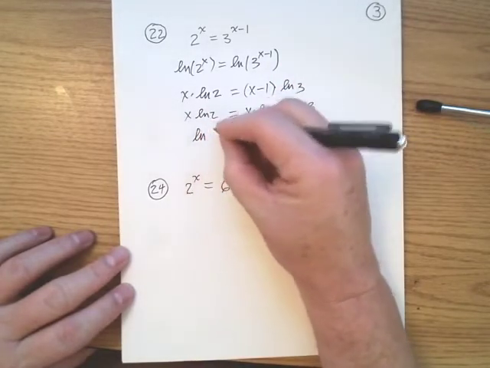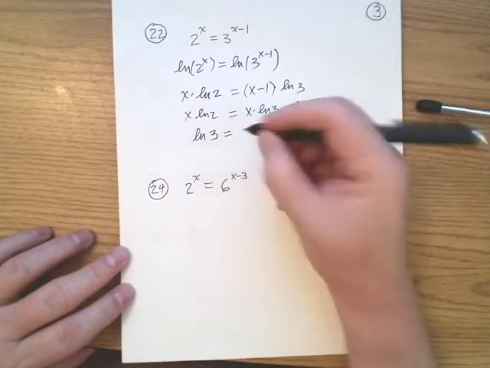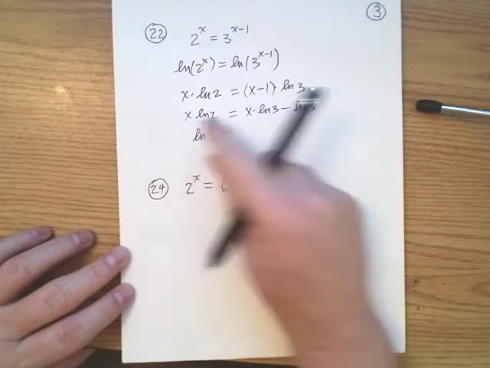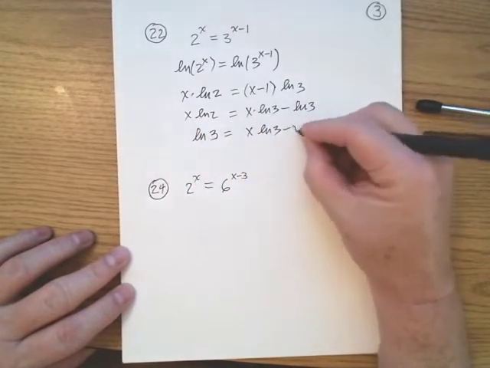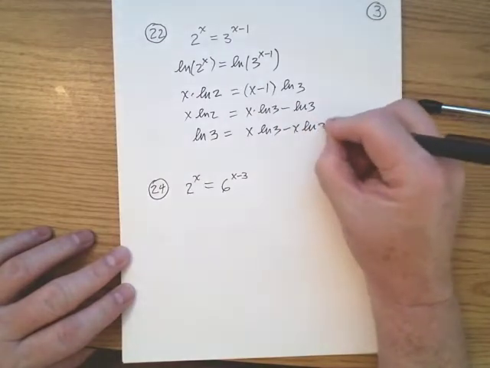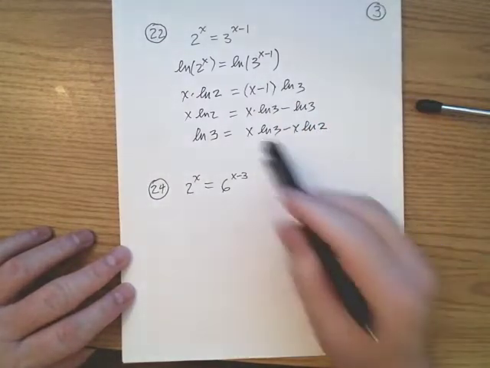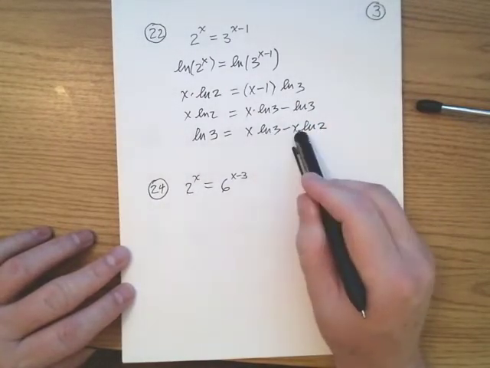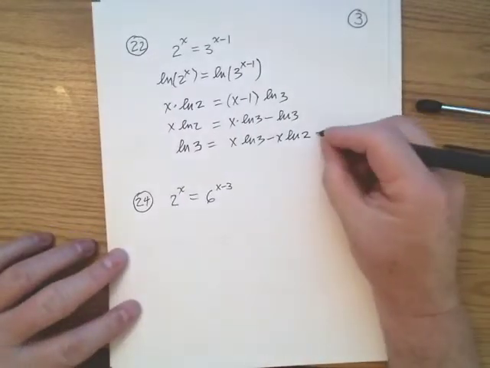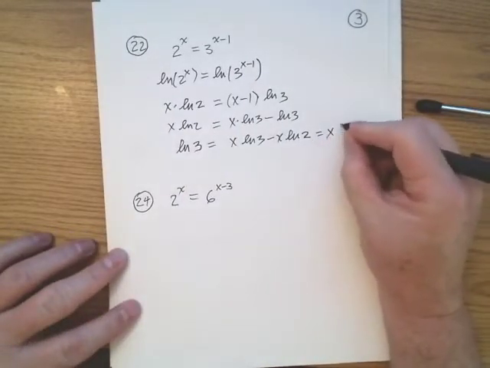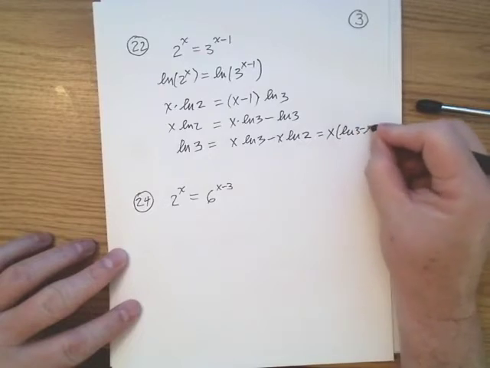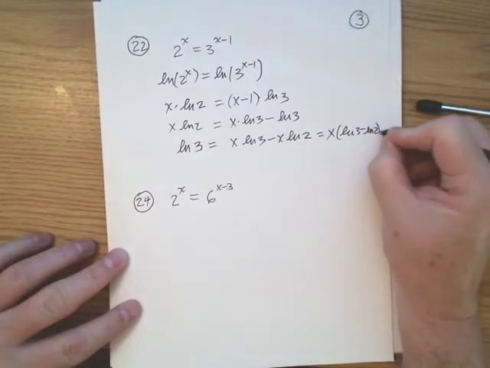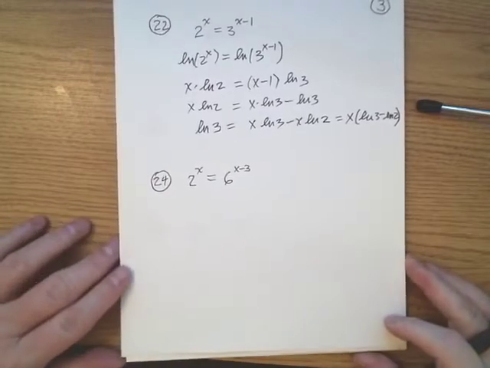In other words, technically adding the natural logarithm of 3 to each side, and I'm going to subtract this from both sides. Like that. Why? These two have a common factor now. Do you see what I can write here? That's really x times the natural logarithm of 3 minus the natural logarithm of 2.